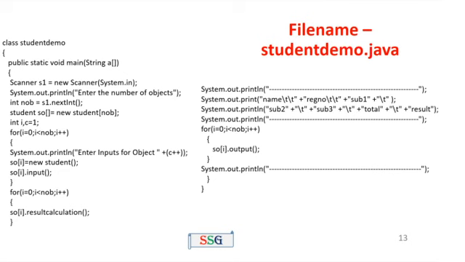For example, nob equal to 3, first iteration i equal to 0, SO[0] means it displays the values for all the variables of the student object at array index 0. Then i equal to 1, it displays all the values for the variables of object SO[1]. Like that, it prints all the 3 objects. After finishing, you put the line for the table, then the first close curly brace for closing the main function, and the second close curly brace for StudentDemo.